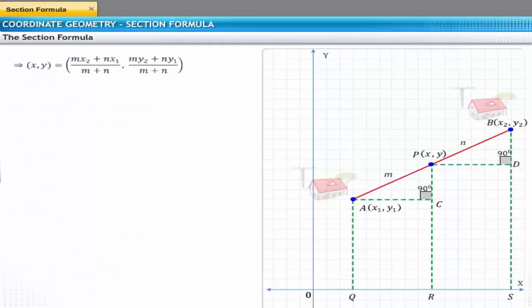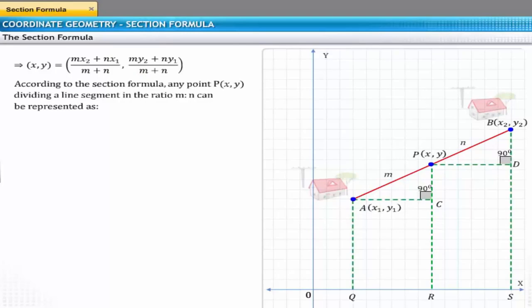Thus, the coordinates of point P can be calculated using the formula obtained: mx2 plus nx1 divided by m plus n and my2 plus ny1 divided by m plus n. This formula is called the section formula.